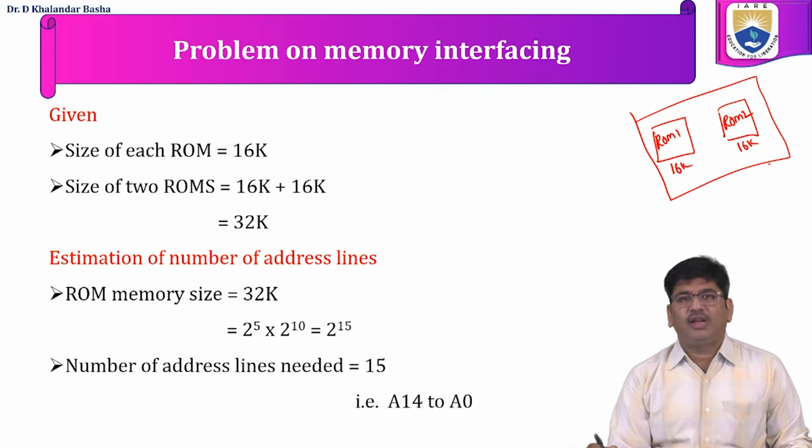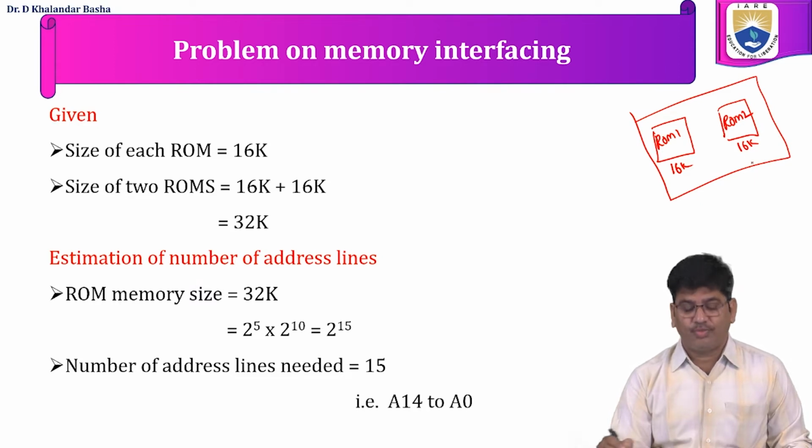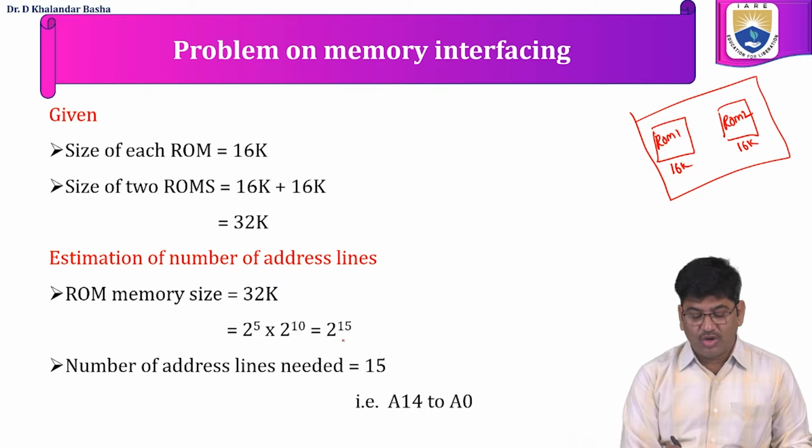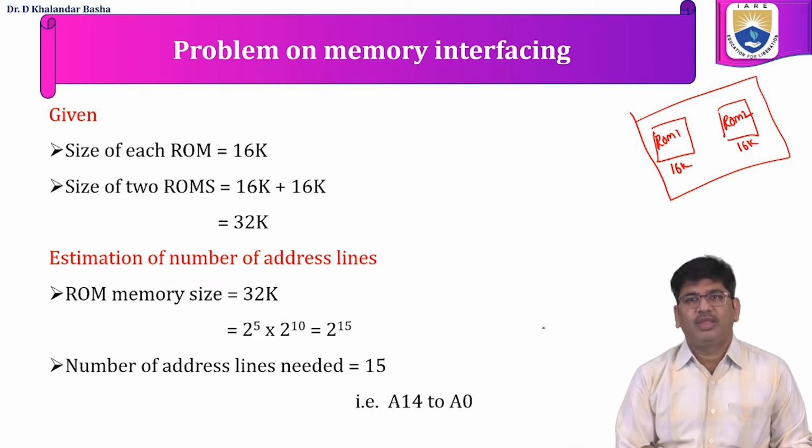From that we can find n, which indicates the number of address lines. The total ROM size is 32K, where 32 is 2 to the power of 5 and 1K is 2 to the power of 10, which gives 2 to the power of 5 plus 10, that is 2 to the power of 15. So for accessing any one memory location of the given ROM blocks, 15 address lines are required.